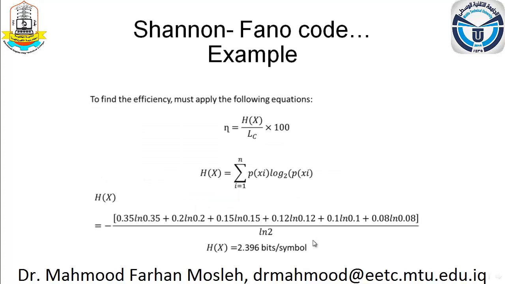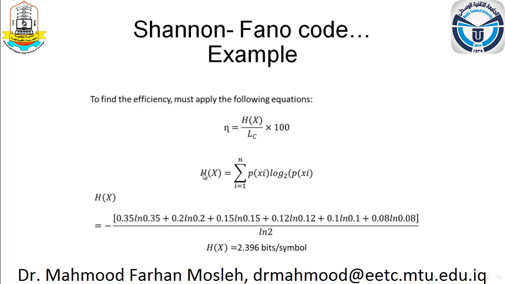Now we need to calculate the efficiency of this code. The efficiency is calculated according to this law: efficiency equals H(X) over the average length L_C, multiplied by 100.